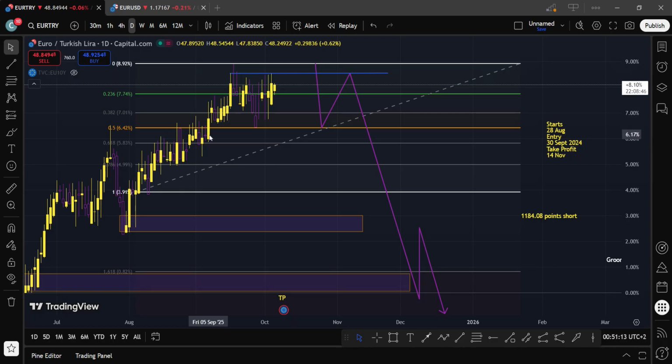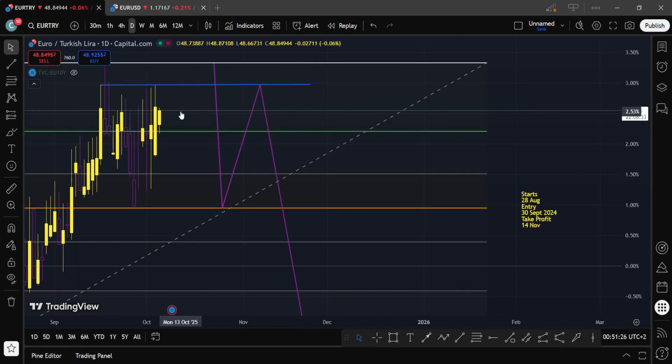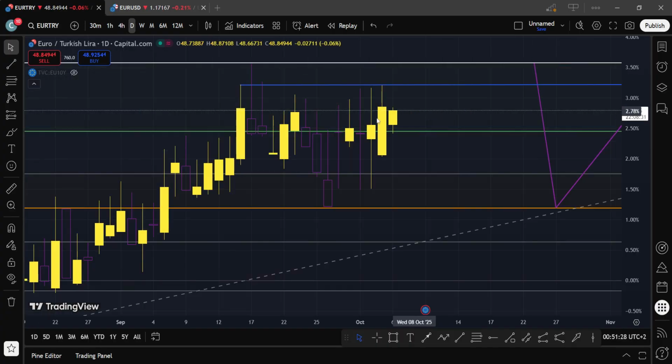What happened here is that we pumped higher and we reversed to what I have marked as the 50% fib, and the market went back to the previous shoulder. Let me zoom this in. The market reversed to this previous shoulder here, and as you can see, we're starting a new week, which I believe the market will be dropping lower.